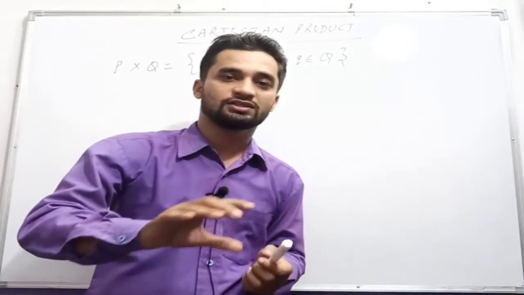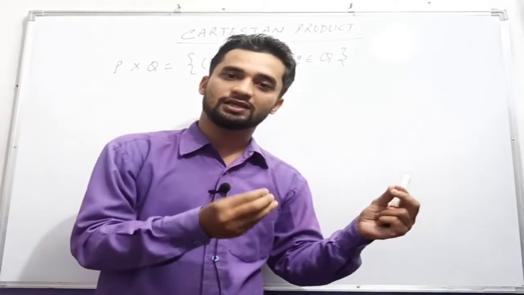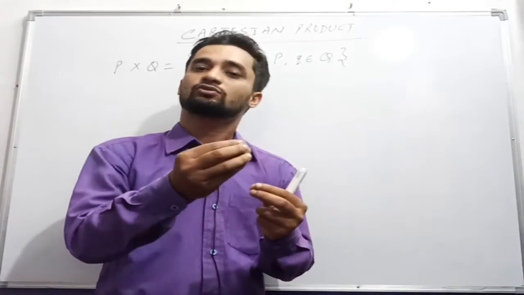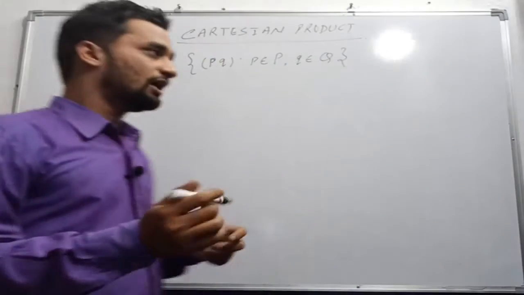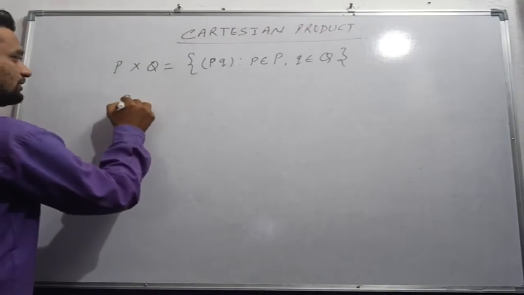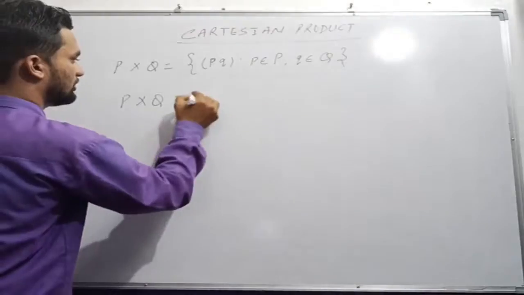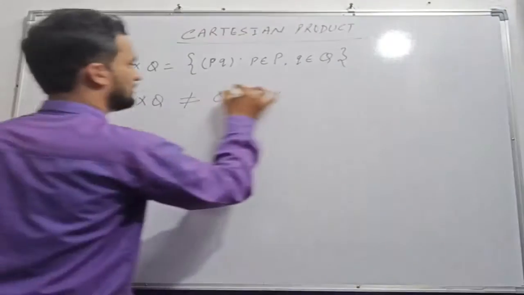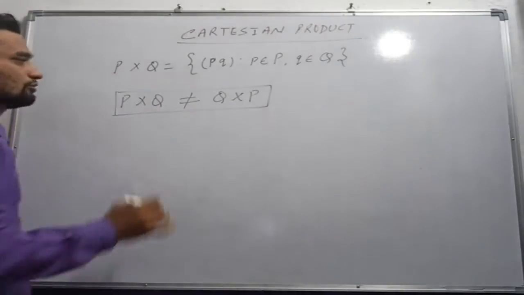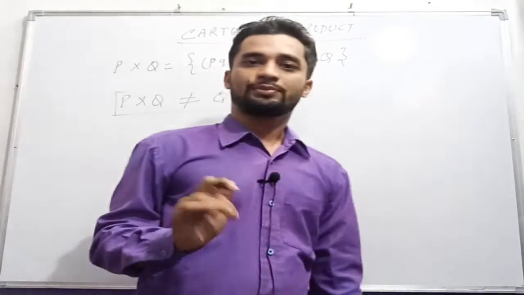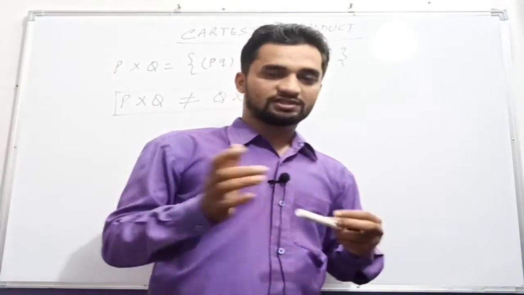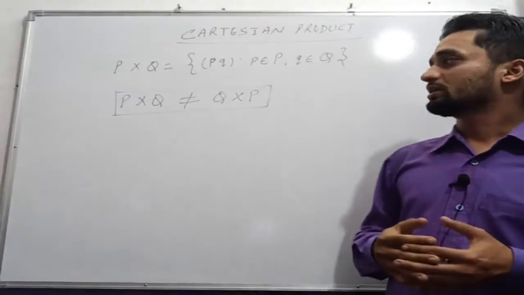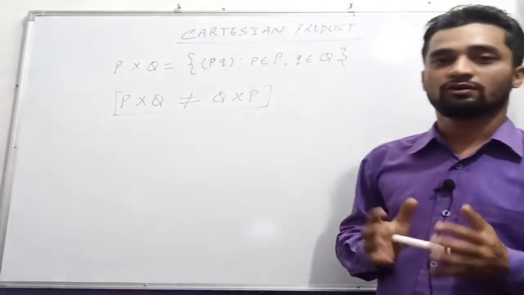There must be an order: if it is the first set, then the first element comes from it, and the second element comes from the second set. Okay, and make sure P cross Q is not equal to Q cross P, because we are studying the Cartesian product, which is a set of ordered pairs.